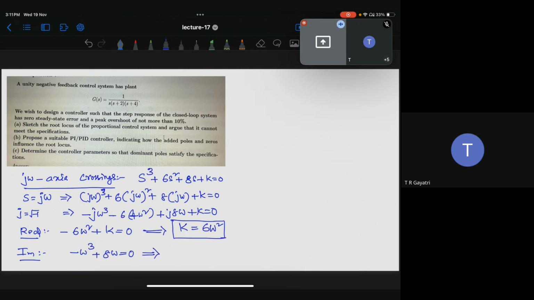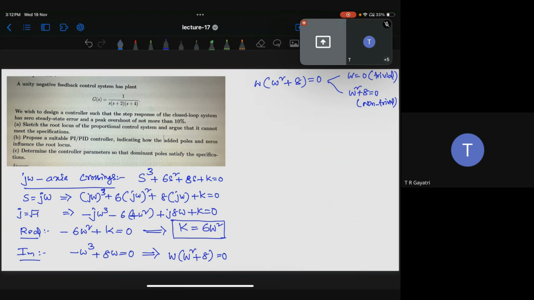From the imaginary part we have omega equal to 0, which is trivial, and omega square plus 8 equal to 0, which is non-trivial.